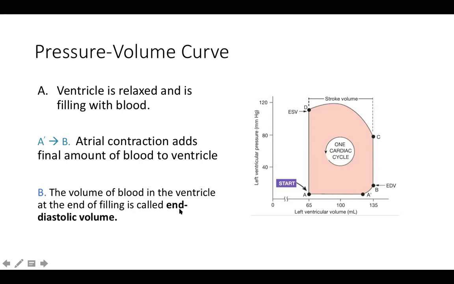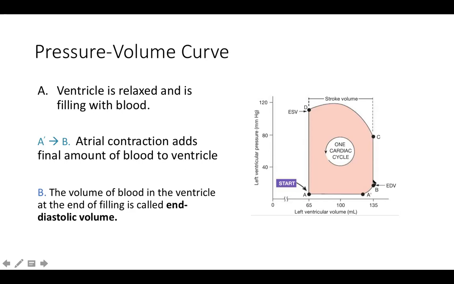What that stands for is end diastolic volume. So at the very end of diastole, it tells us how much blood is in the ventricle, in this case, the left ventricle. And if we go down here, we can see that the volume at point B is 135 milliliters of blood in the left ventricle.